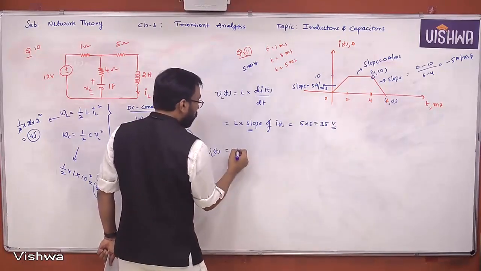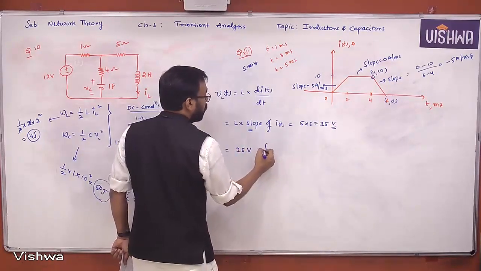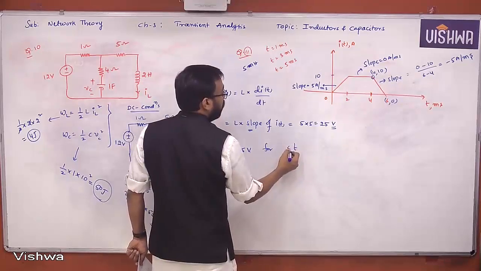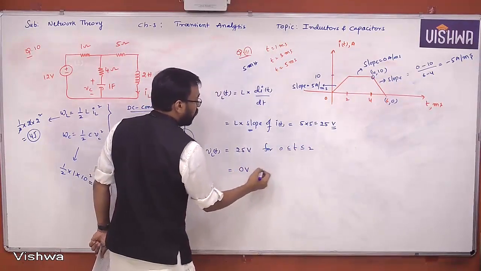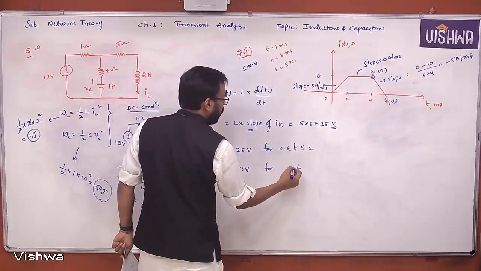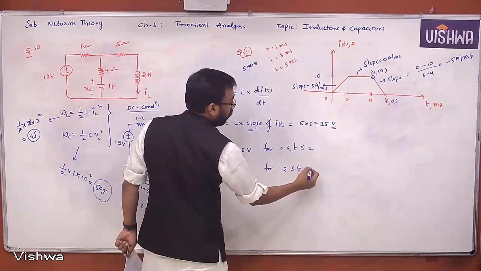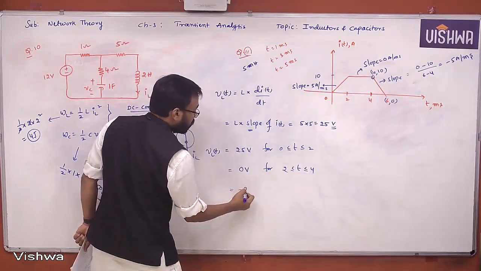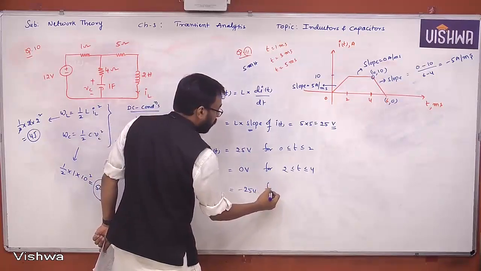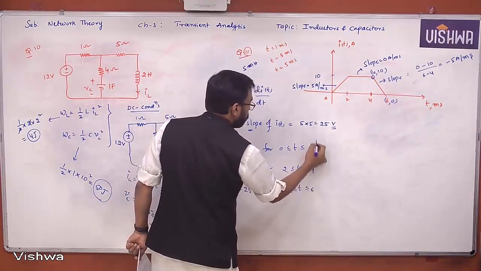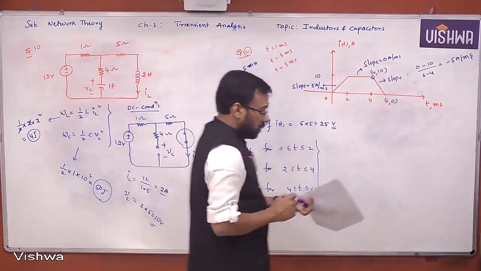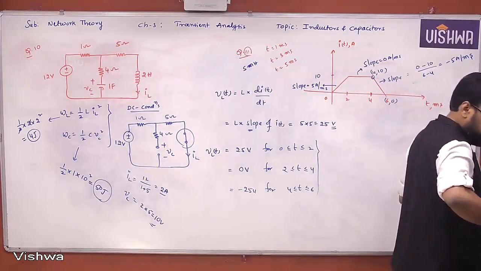Therefore, 25 volts for t between 0 to 2, 0 volts for t between 2 to 4, and minus 25 volts for t between 4 to 6. That's it. It's very simple.